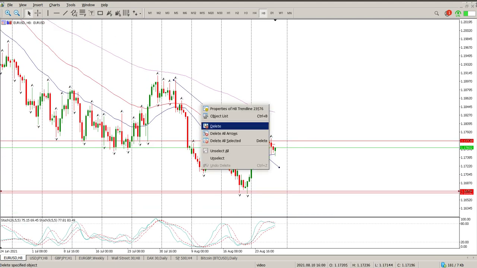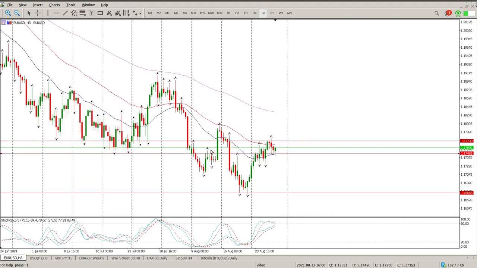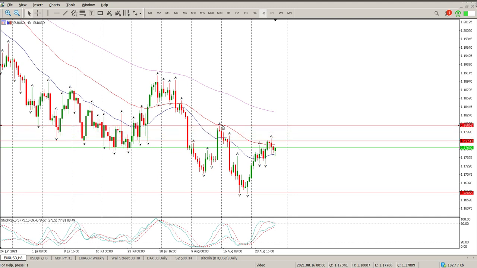Remember, if it does break above this area here, which is 118.062, that validates a double bottom with divergence. You can see low, high, low, lower, low. So at the moment, it does look like we are just retracing in the downward trend, but looking at the price action over the last couple of 8 hour bars, you can see the buyers coming in off the bottom here.